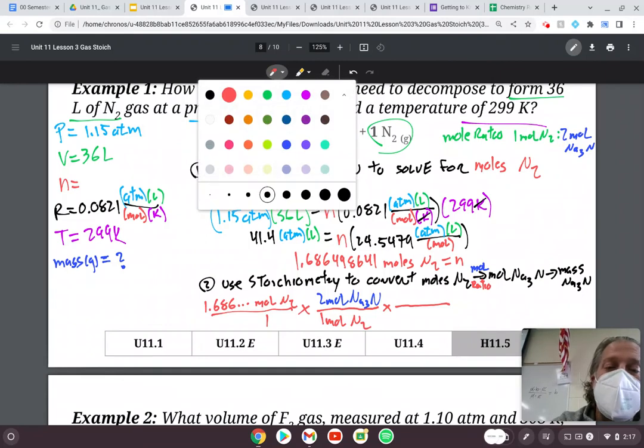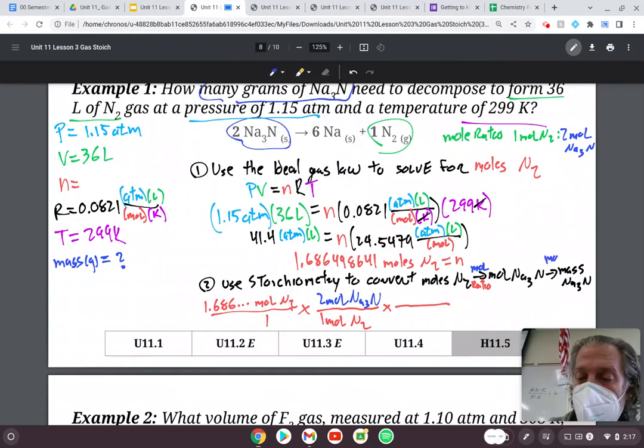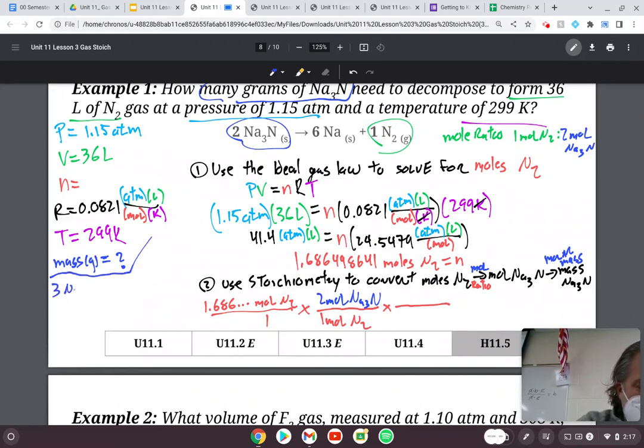And now, because we're going to grams, we need to use the molar mass, and we're going to use the molar mass of Na3N. So over here I have 3 sodiums times 22.99, and I've got 1 nitrogen times 14.01.